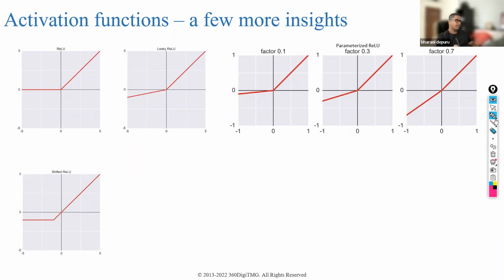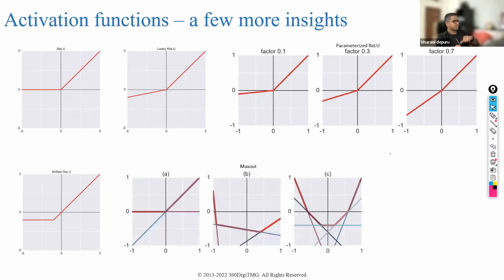And then there are yet a few more activation functions. One is called maxout.